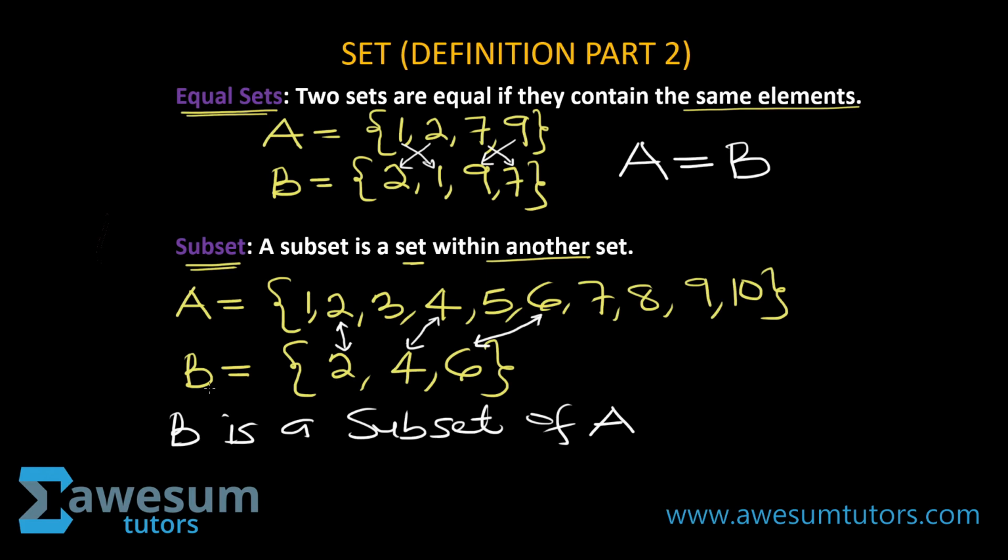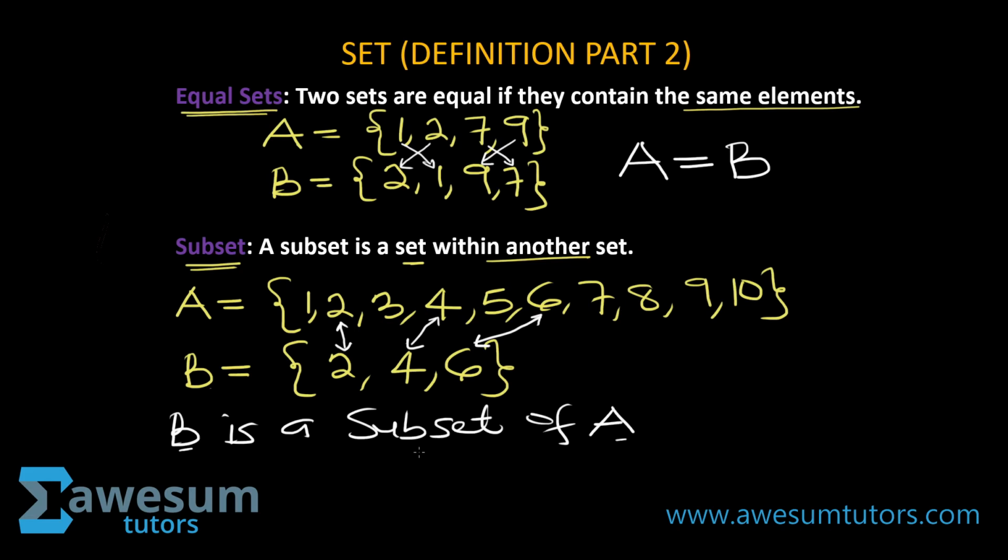Because B is a set within another set A. That means the elements in B can be found in A. So B is a subset of A.